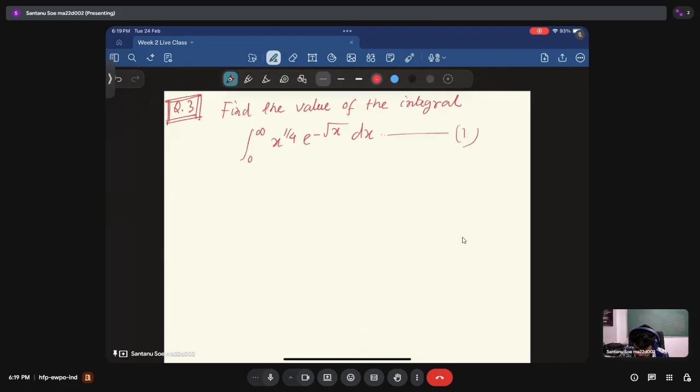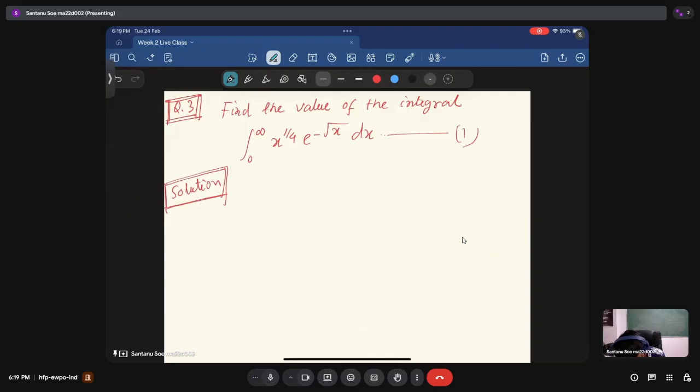Okay, so we can solve this using the gamma function, which has been taught in the Q course. And so let us try to see how to solve it. Okay, fine.